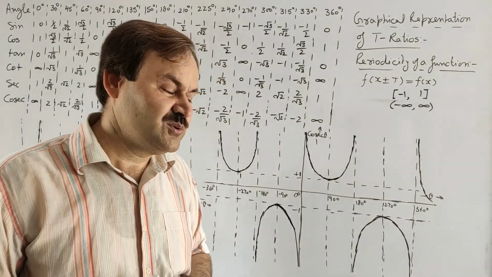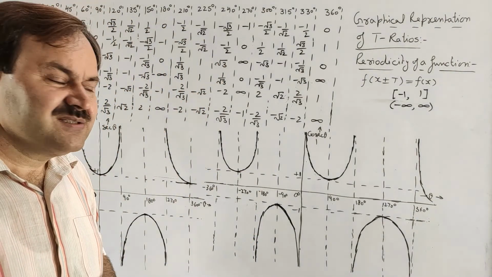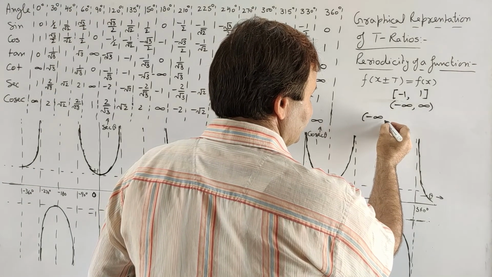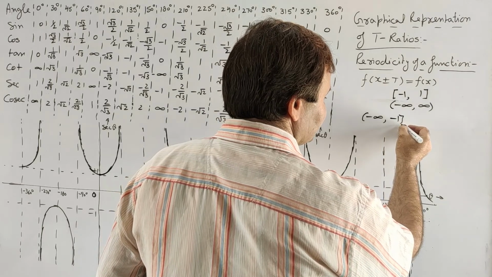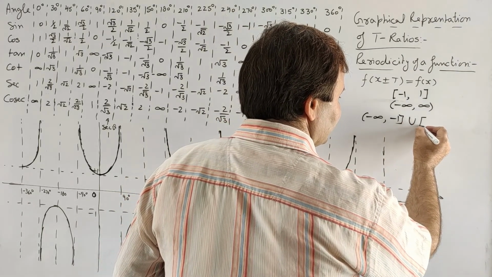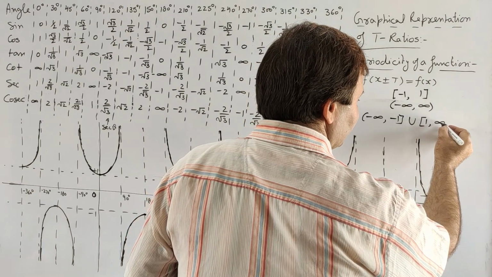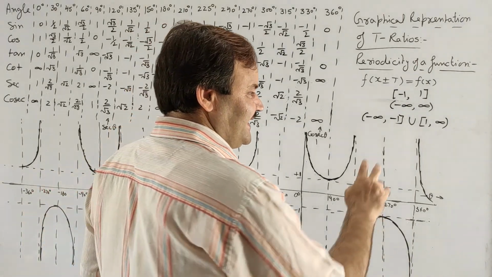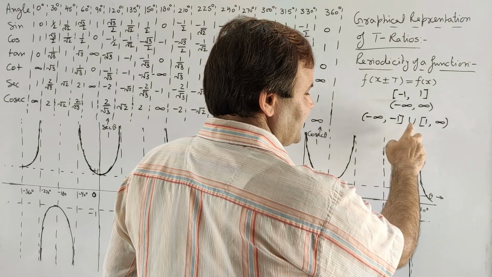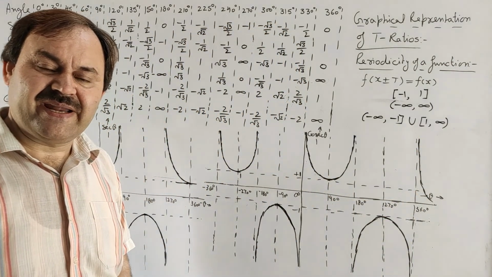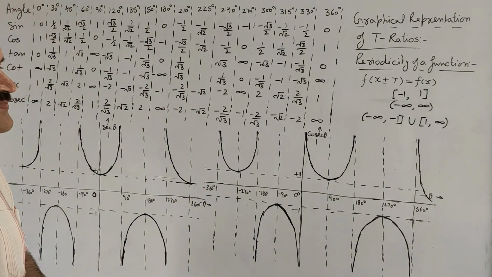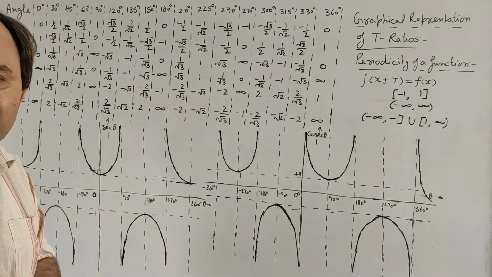But for sec theta and cosec theta, the range is minus infinity to minus 1 union 1 to infinity. It means sec theta and cosec theta cannot have values between minus 1 and 1, and except those they can have all possible values. So it was about the graphs of trigonometric ratios or trigonometric functions.